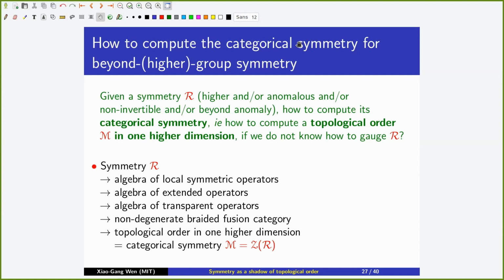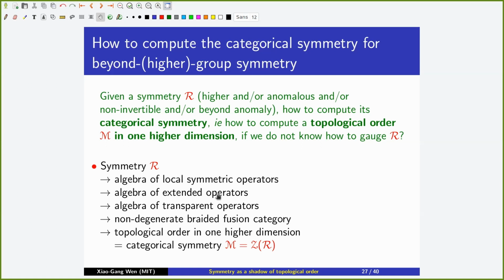The idea is the following, which I'm going to present. First, the algebra of local symmetric operators also naturally includes the algebra of extended operators, because our space is extended. We can multiply local operators side by side to build an operator with big size, because the operator algebra is closed.